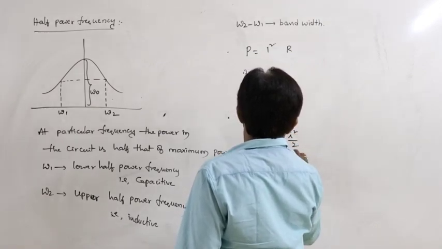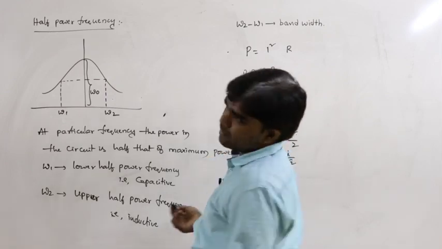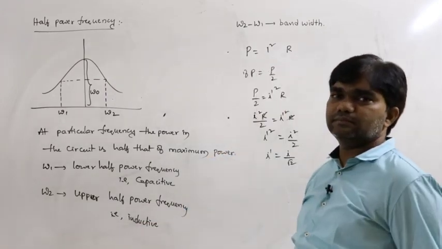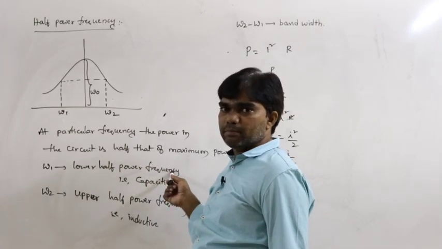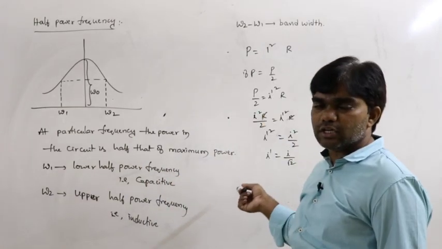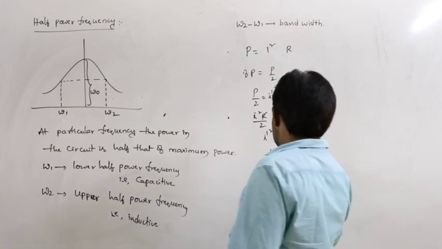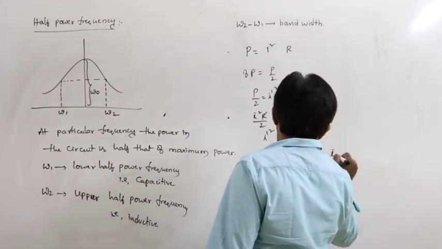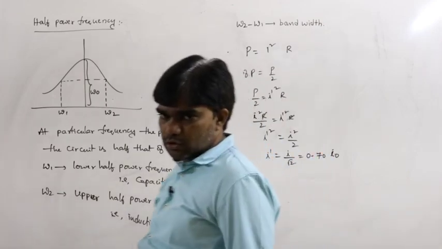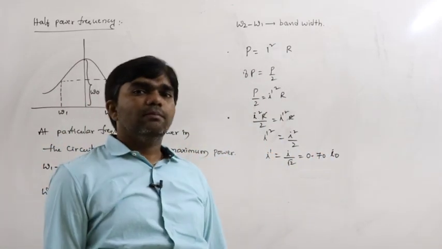I dash is equal to I by root 2. So that means, if the power is equal to half of the maximum power, then the current passing through the circuit is the RMS current, that is equal to 0.70 times the maximum current.